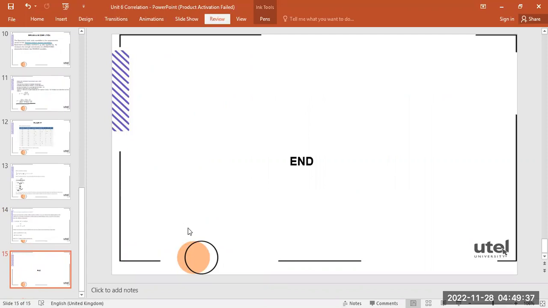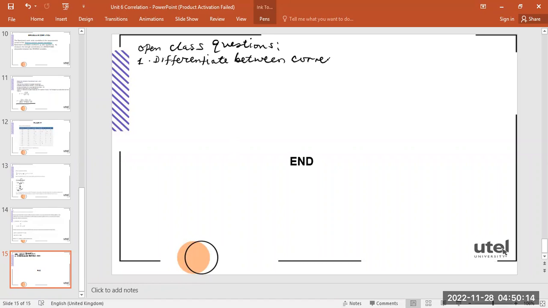The first open class question states: differentiate between correlation and simple linear regression.